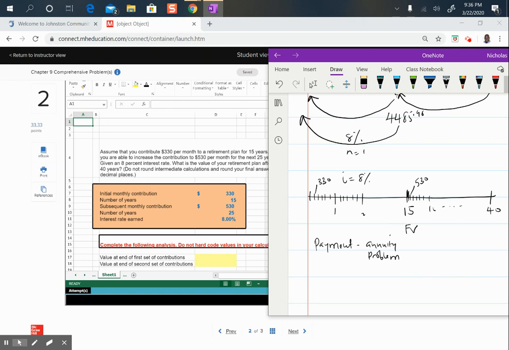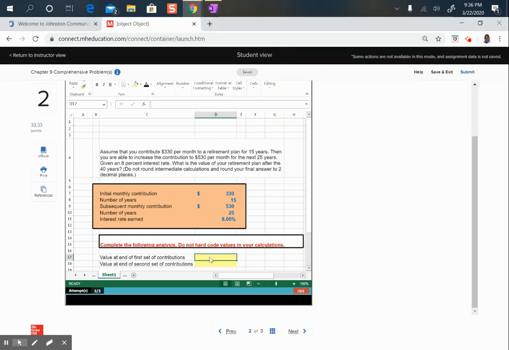Remember, we need to determine the rate per period, because if we have to use the formula from the chapter, we cannot use 8%, because 8% represents a rate per year, and you're making payments on a monthly basis.